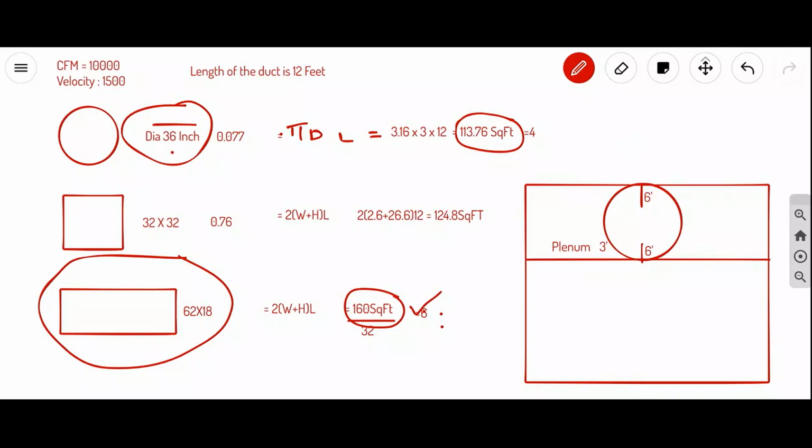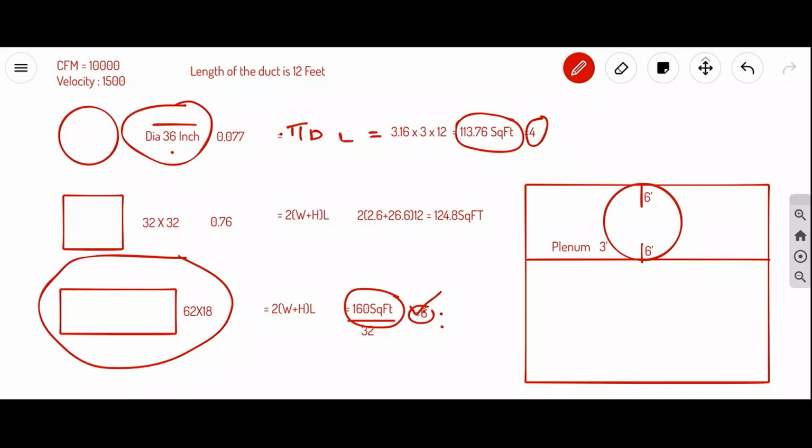Just to make a 12 feet duct, how many sheets do you require here, and how many there? We won't be at just 12 feet. There will be 800-900 feet of duct. In a project, the total duct length comes to 800-900 feet. Then how much loss happens?